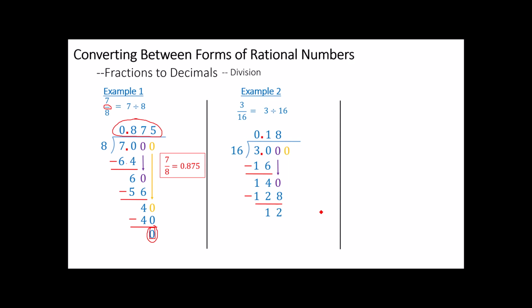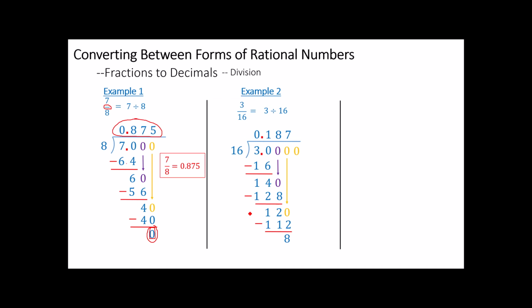As long as I'm getting remainders, I'm going to keep adding zeros, and I'm going to keep right on going until it stops or until it repeats. 16 goes into 120. Well, 8 gave me 128, so I'm going to use a 7 this time. 7 times 16 is 112, leaving me with 8.